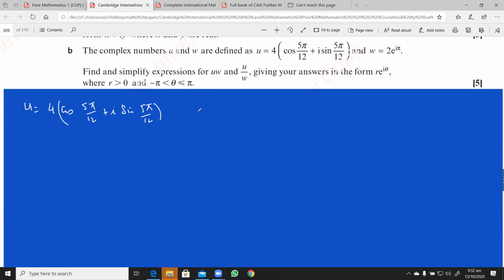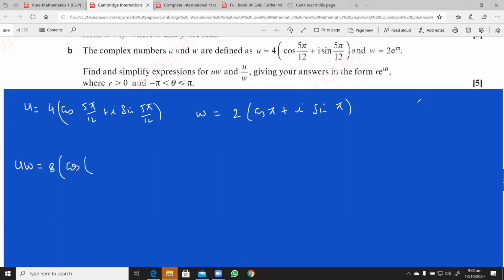And your w, let me write in the same form, is 2 cos pi plus iota sine pi. Then he says, find and simplify uw and u by w. Okay, let's do that. So uw. Tell me quickly, what will be the modulus of uw? Good. And what will be the argument?